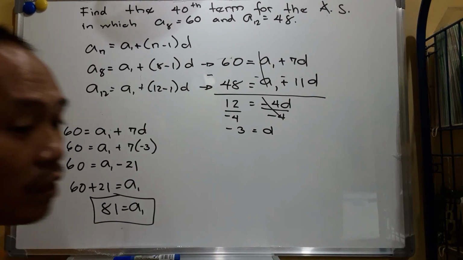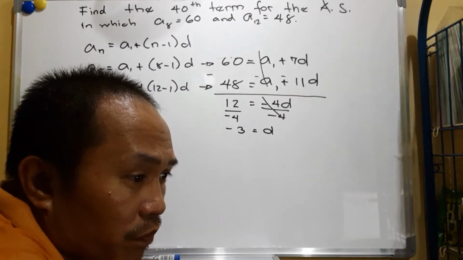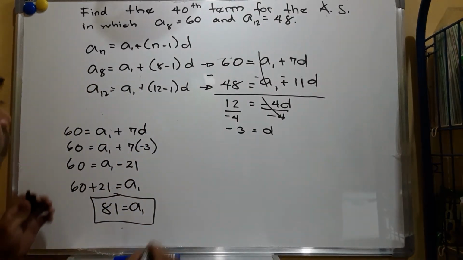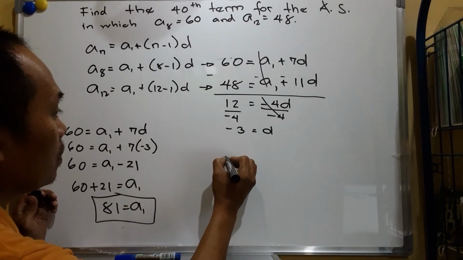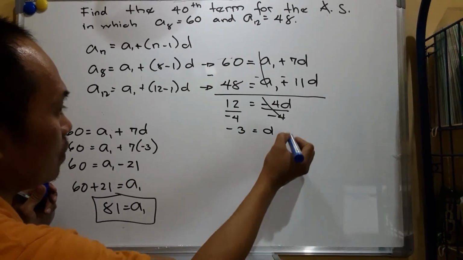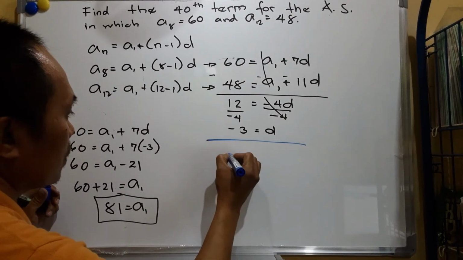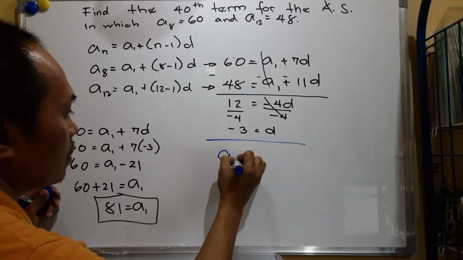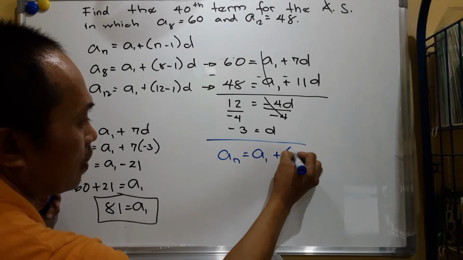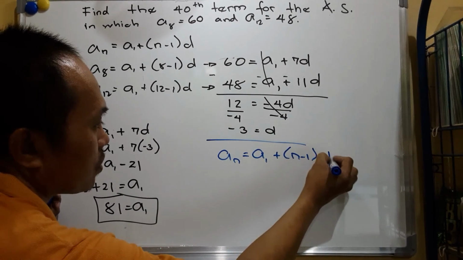Now, use the formula to find what is being asked, the 40th term. So we are going to solve a sub 40. Using the formula, a sub n is equal to a sub 1 plus quantity n minus 1 times d.